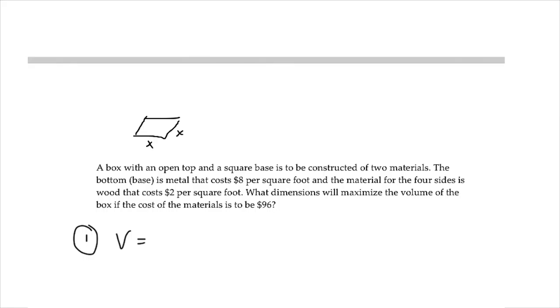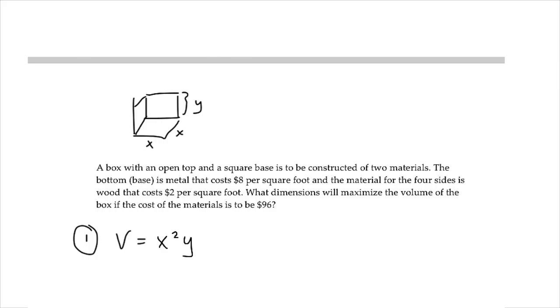What I don't know is how tall it is, so I'll call this y. It's x by x on the bottom, and y tall. So the volume is going to be x squared y.